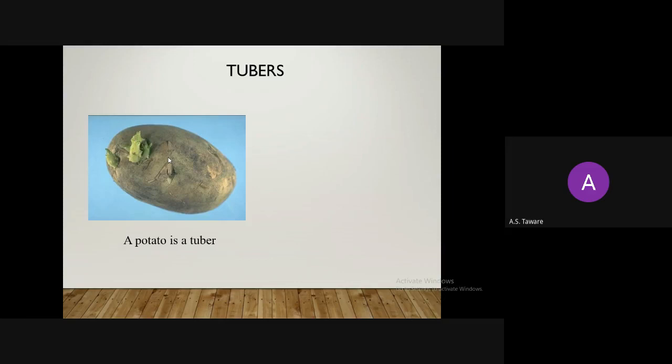So this stem is modified. The lowermost node of the plant is modified into a potato tuber. The shape is not generally decided, somewhat oval. Here the stem is modified for storing food.